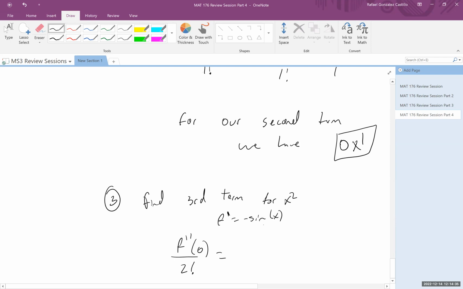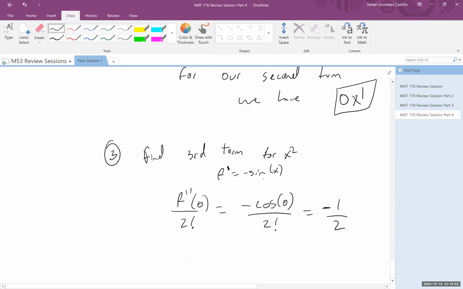The derivative of sine of x is cosine of x. So the derivative of negative sine of x is negative cosine of x. So we have negative cosine of 0 here divided by 2 factorial. Again, cosine of 0 is 1. So we have negative 1 divided by 2 factorial, which is 2. So we get negative 1/2 for x squared. So our third term is negative 1/2 x squared.